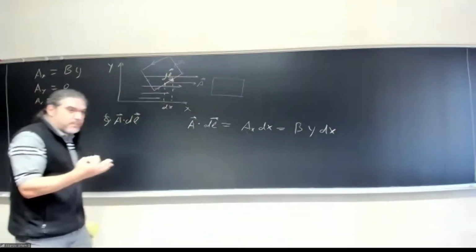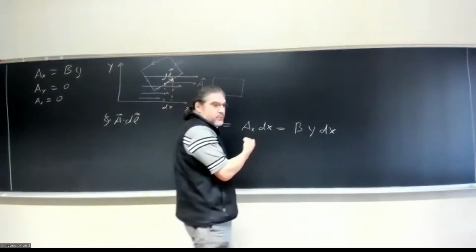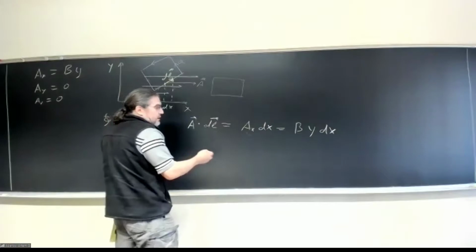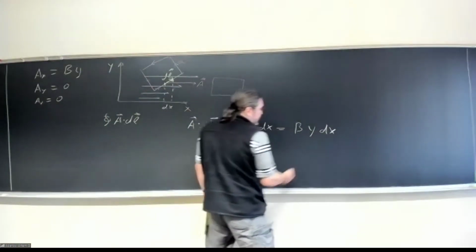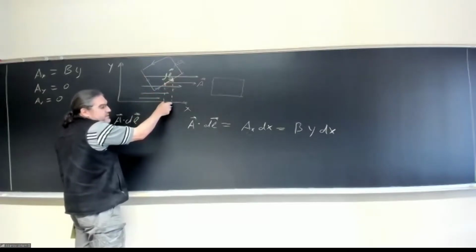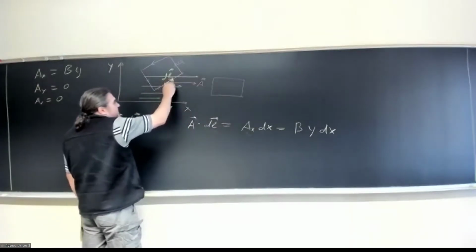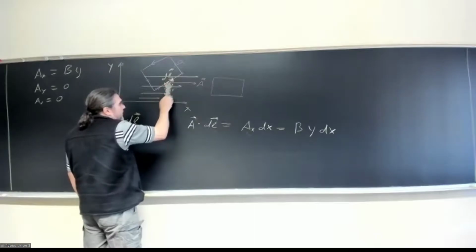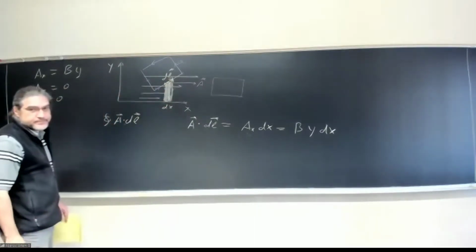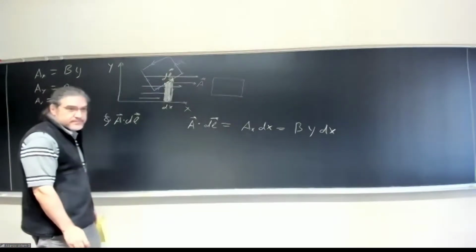After that, I should stop and think about what I wrote here. Now look at this. This is y times dx. So y is this distance, dx is this distance. So what's written there is pretty much this area. Does that make sense?